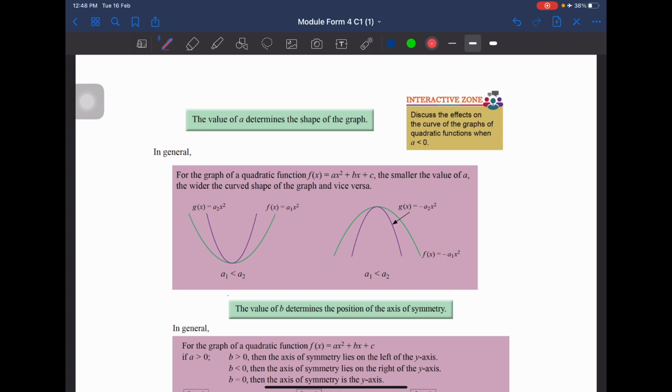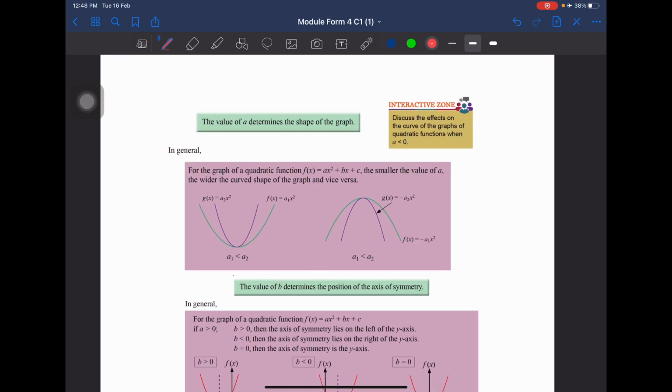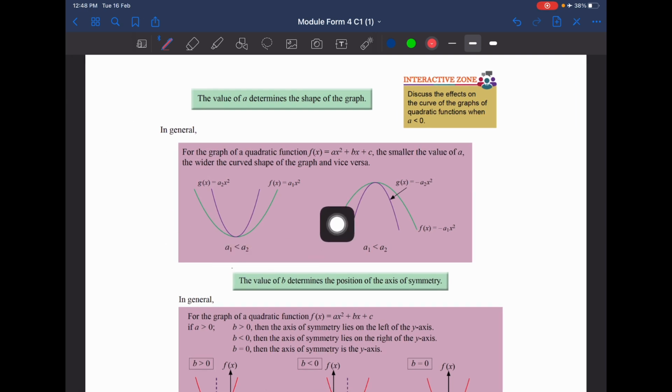Maksudnya the shape of the graph ni maksud dia semakin besar, semakin lebar awak punya bentuk. For example, for the graph of a quadratic function f(x) equals ax square plus bx plus c, the smaller the value of a, the wider the curved shape of the graph and vice versa.